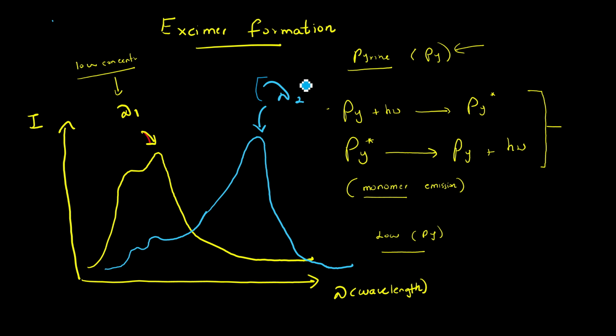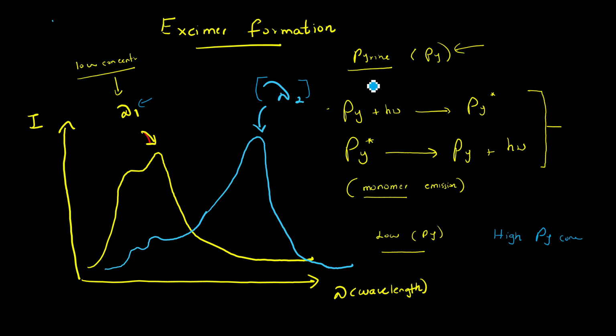Now if I increase my pyrene concentration, we will observe a fascinating thing, which is this lambda 2. At high pyrene concentrations, you will not see this lambda 1 peak, you will not see this yellow peak, you will only see this blue color peak. This is the most interesting thing. At low concentration, you will only see this yellow color peak, not the blue one.